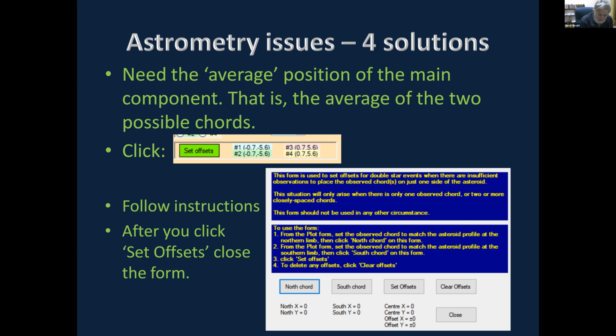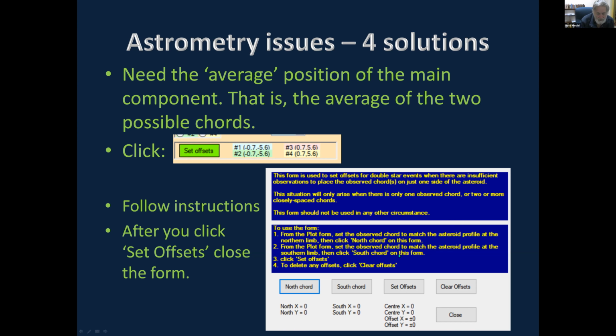There's a process for doing this on the double star solution panel. There's a Set Offsets button, and that brings up this form here. There's a set of instructions of what to do there.